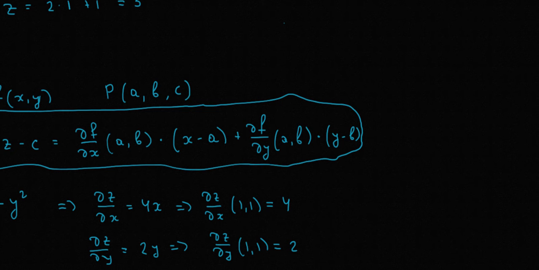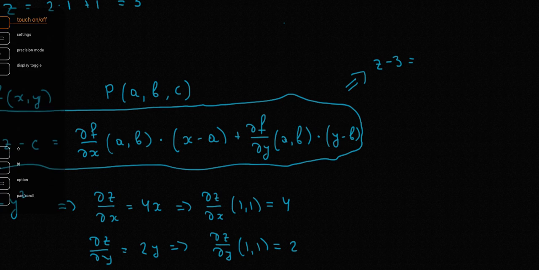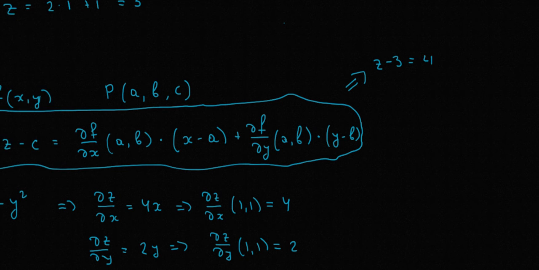The c value is 3 as we found earlier, so we're going to get z minus 3 equals the partial derivative with respect to x, which is 4, so 4 times x minus 1. The partial derivative with respect to y is equal to 2, times y minus 1.